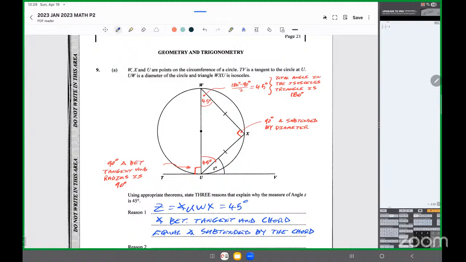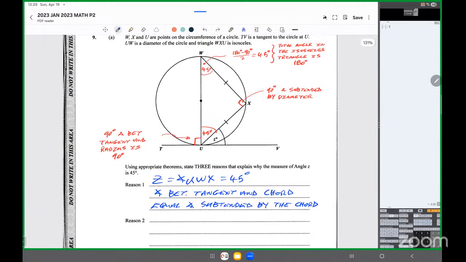Second, I'm going to say Z is 90 minus 45 because the angle between this tangent and this radius is 90.